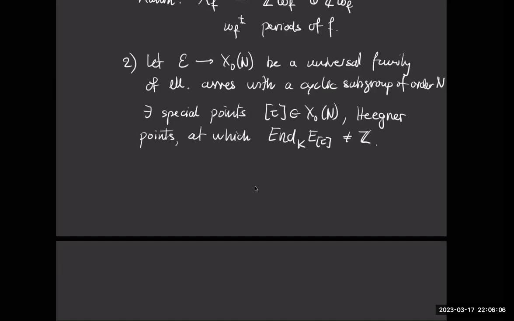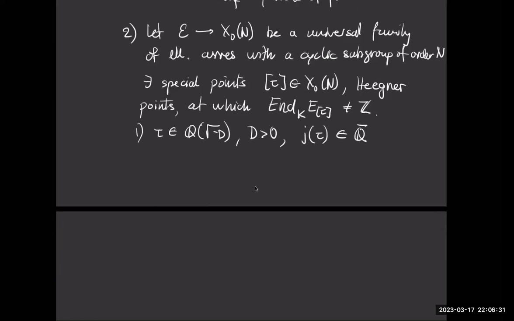So these points have two properties. One, they are imaginary quadratic irrationals, so they live here. And furthermore, the J function at these points takes values in algebraic integers.